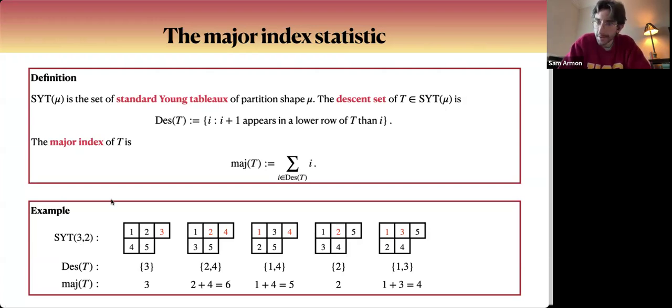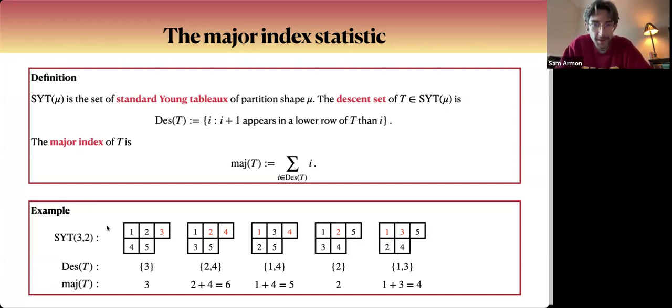And then to any standard Young tableau, I can associate the descent set. This just consists of all the indices i, or the entries i, such that i plus 1 appears in a lower row of my standard tableau than i.